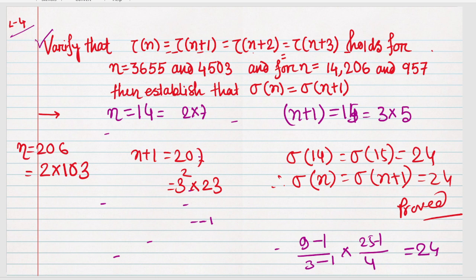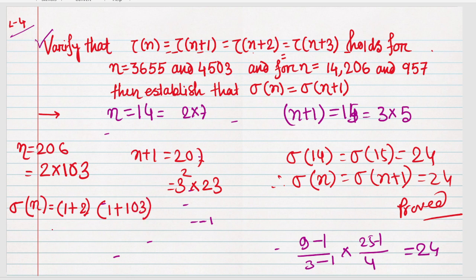So to find the sigma value, that is the sum of all the divisors of the number n, sigma of n will be, in short, 1 plus 2, that is the k1, into 1 plus the prime number, what is the prime number?